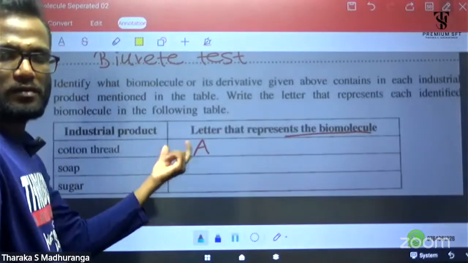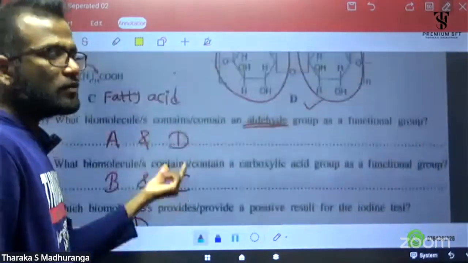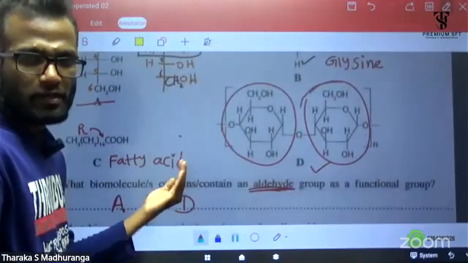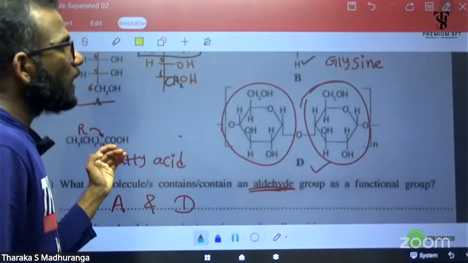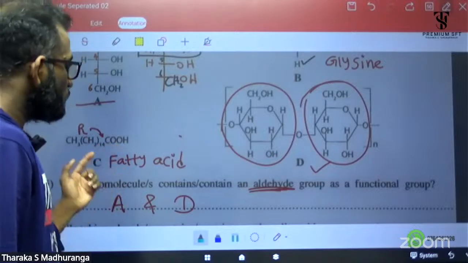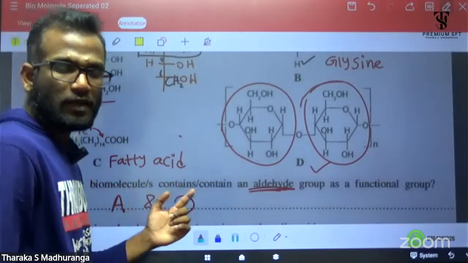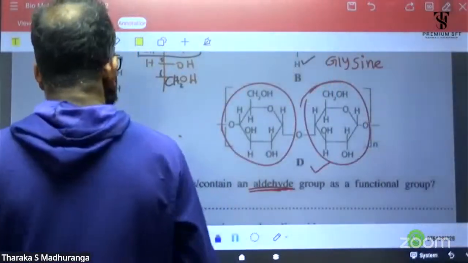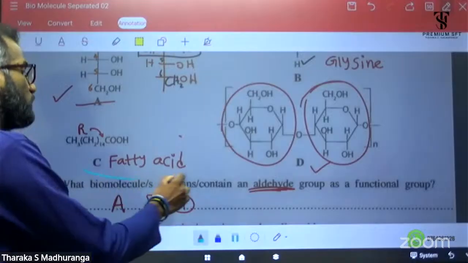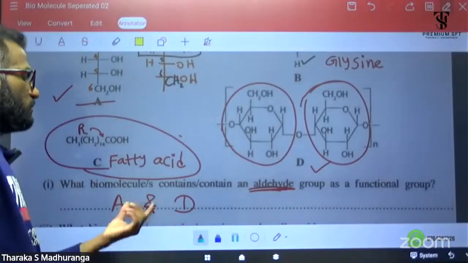Soap. After the industrial chemistry lesson, you can understand soap production. We mainly use glycerin and fatty acid. Fatty acid is the main raw material for soap production.